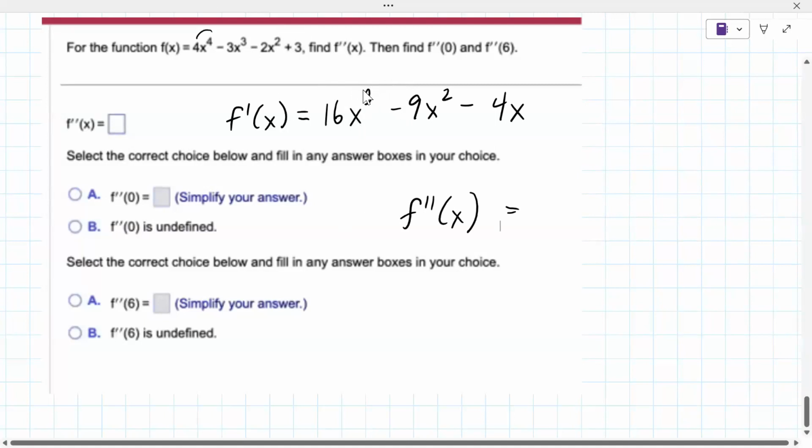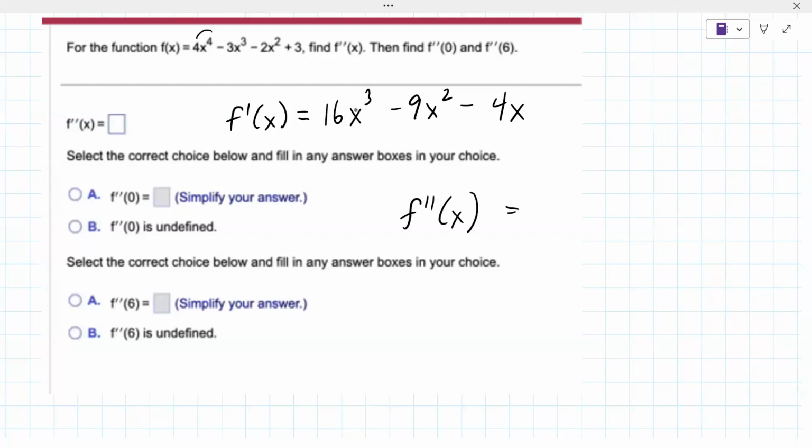Same idea. Take that number, the exponent, multiply, subtract 1. So 16 times 3, so 48x to the 3 minus 1, the second power, 48x squared. Good.